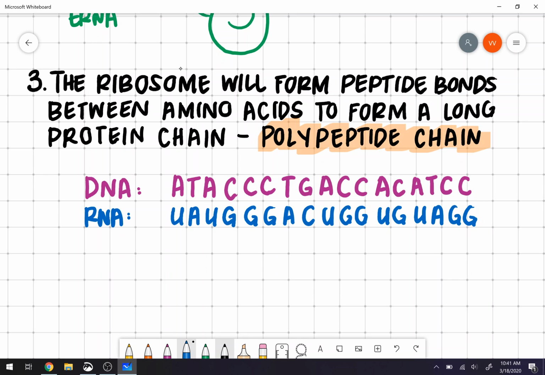Your protein would look like this, right? It's going to read this RNA code in codons. It's going to search for AUG as the start codon. So we're going to start off with methionine.